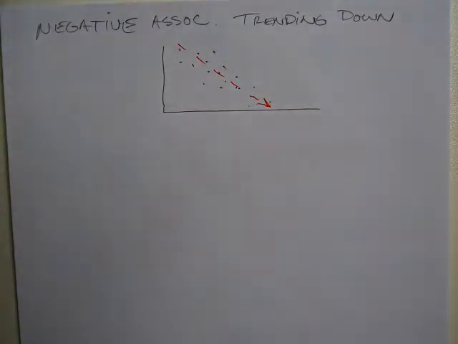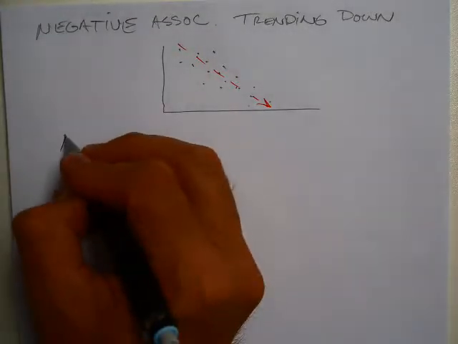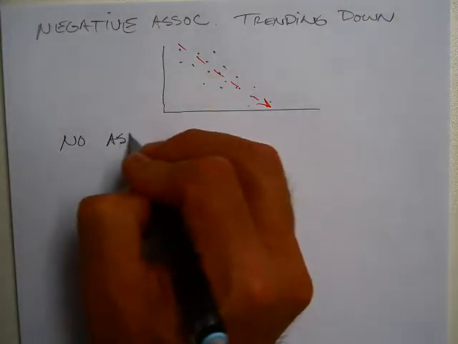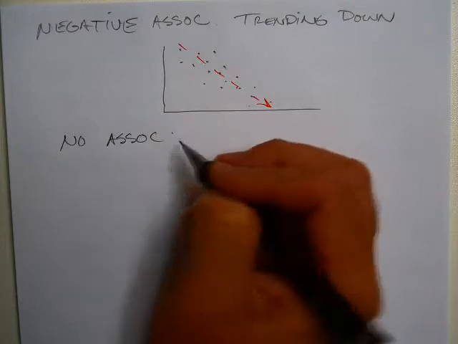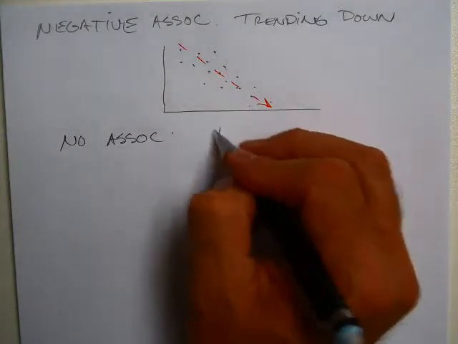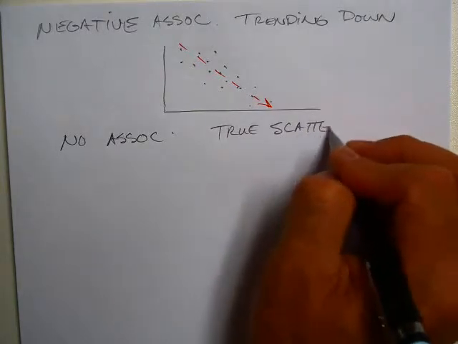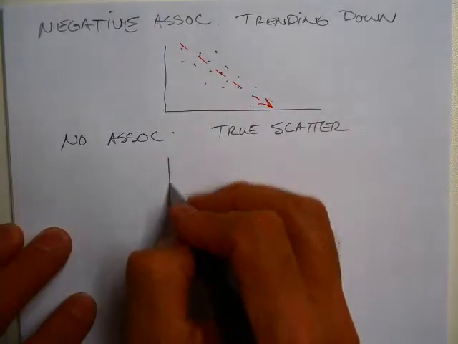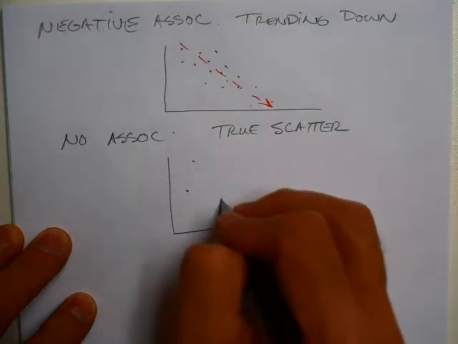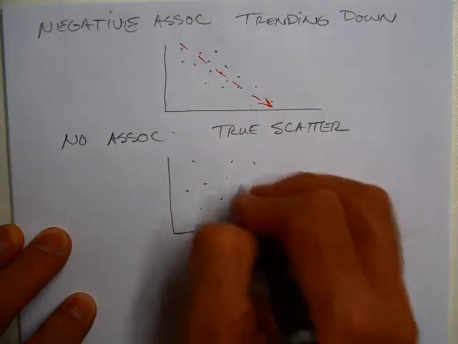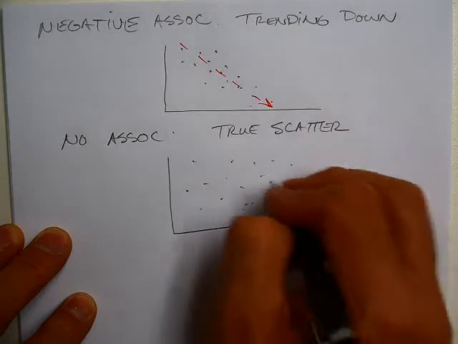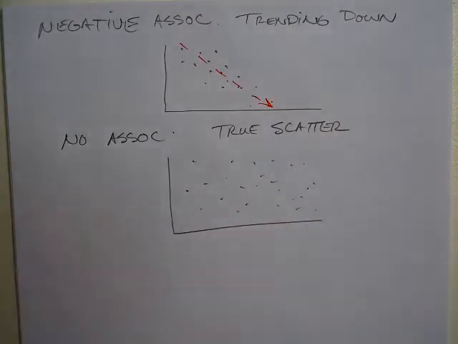Yeah. No association. That's exactly right. No association. This is a true scatter. The data's everywhere. There's no defined direction to it at all. It's just all over.